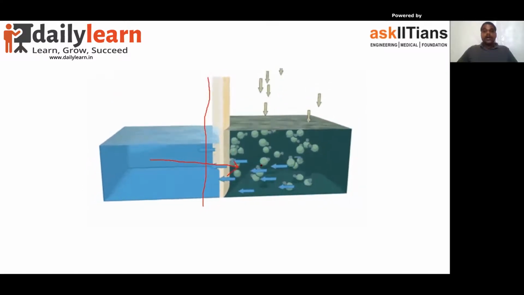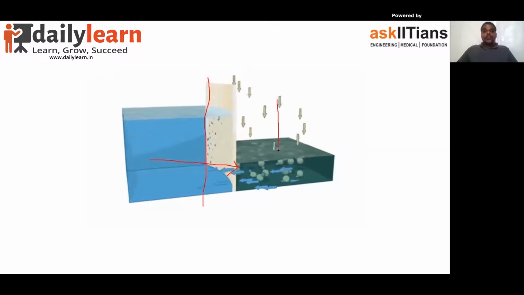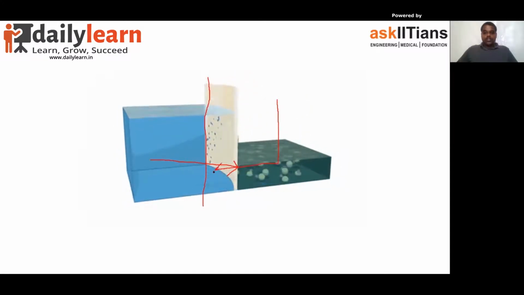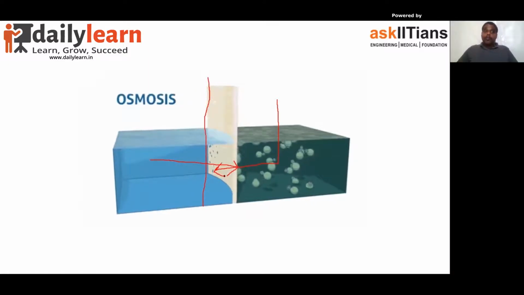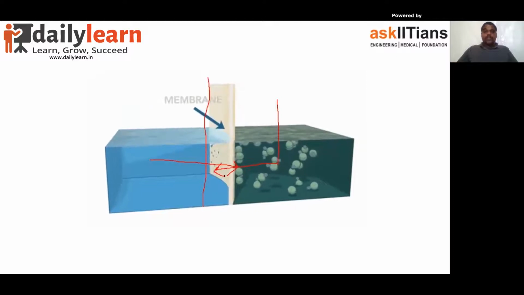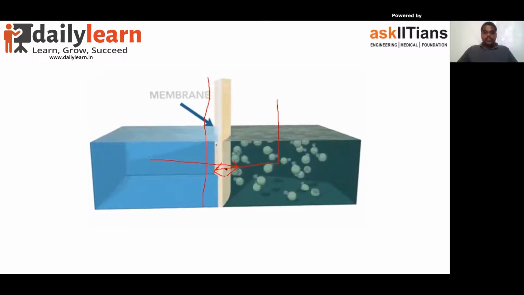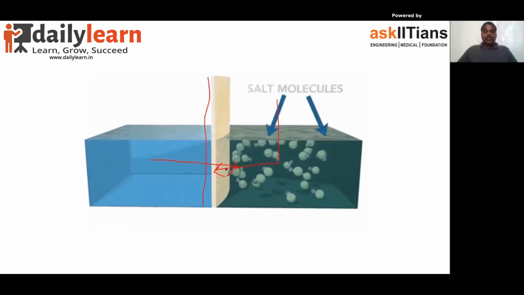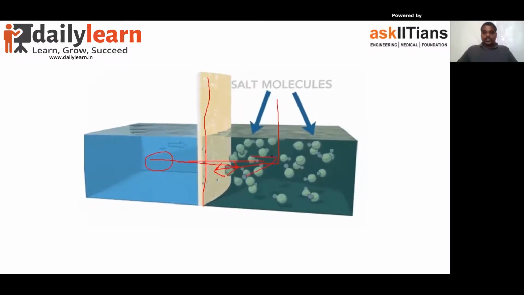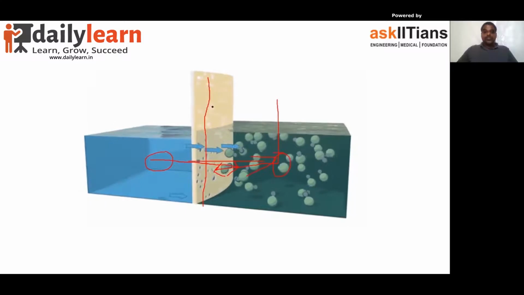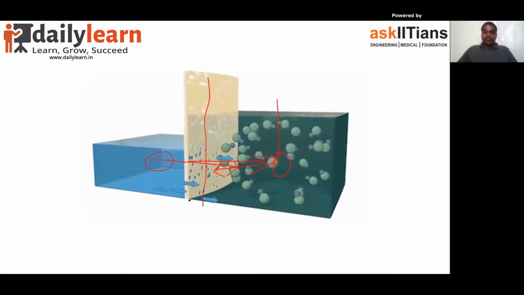In the case of reverse osmosis, water moves from its lower concentration to a higher concentration through a semi-permeable membrane with the application of pressure, which is most important. So that is how reverse osmosis takes place. I repeat, osmosis is a process where water molecules move from their higher concentration to their lower concentration through a semi-permeable membrane, which is one of the most important words to include in the definition.